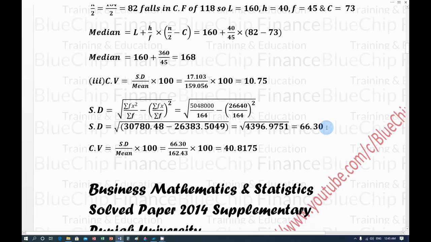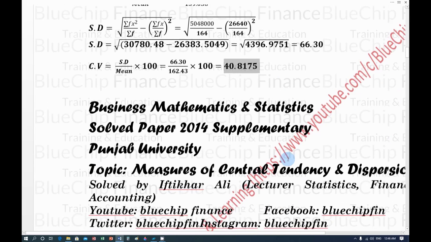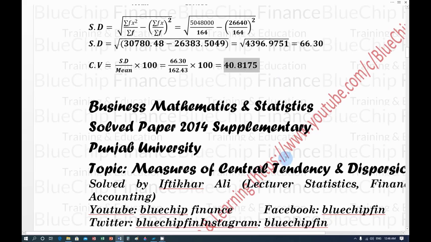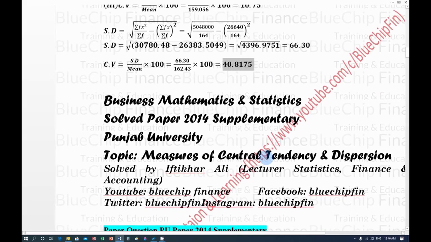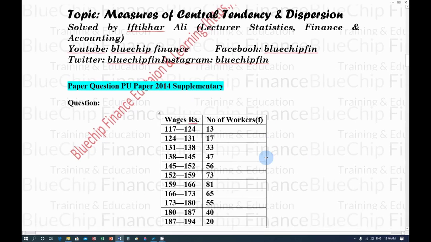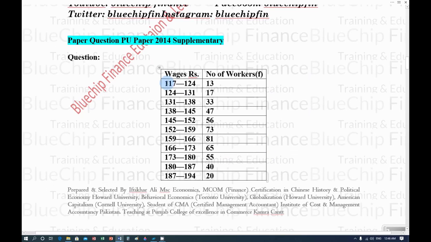Now put these values into the formula of coefficient of variation: standard deviation is 66.30 and your mean is 162.43, multiplied by 100, and your coefficient of variation will be equal to 40.8175.